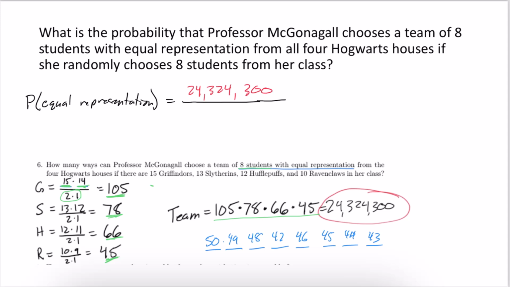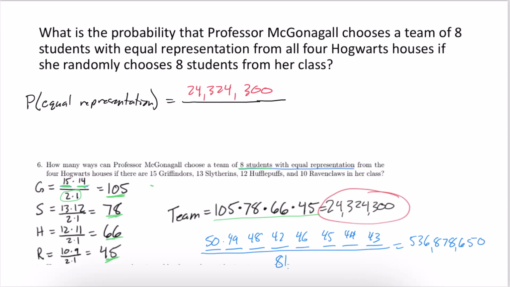The order that she chooses the students in doesn't matter, so we're going to divide by the number of times that any group of 8 students is duplicated in that choice tree, which is 8 factorial. When I type that into my calculator, I'm going to use the combination button. So I'll do 50 nCr 8, and that gives me the number 536878650.